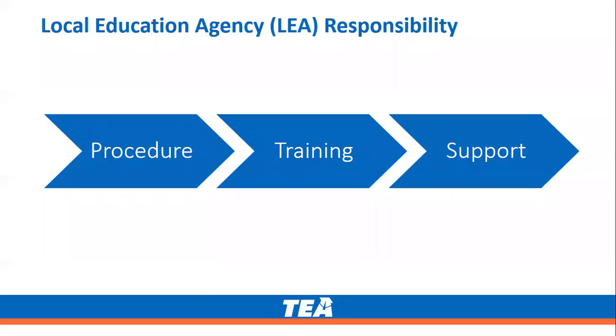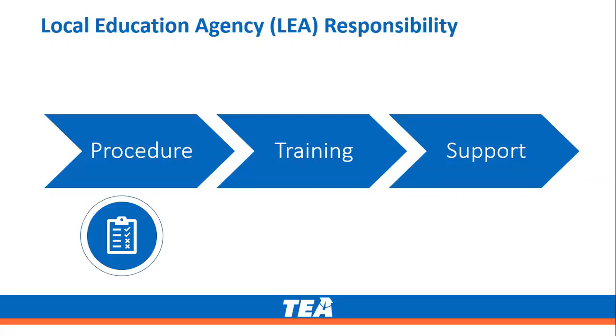The local education agency's responsibility. Now let's look at the responsibilities of the LEA regarding progress monitoring and remote learning. One important responsibility is that the LEA should have clearly defined operating procedures for progress monitoring during remote learning. Included in these procedures should be identified methods and timeframes of data collection.